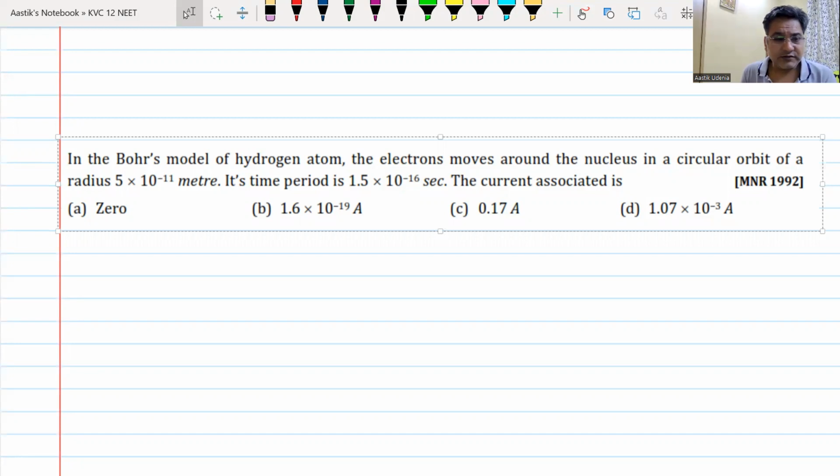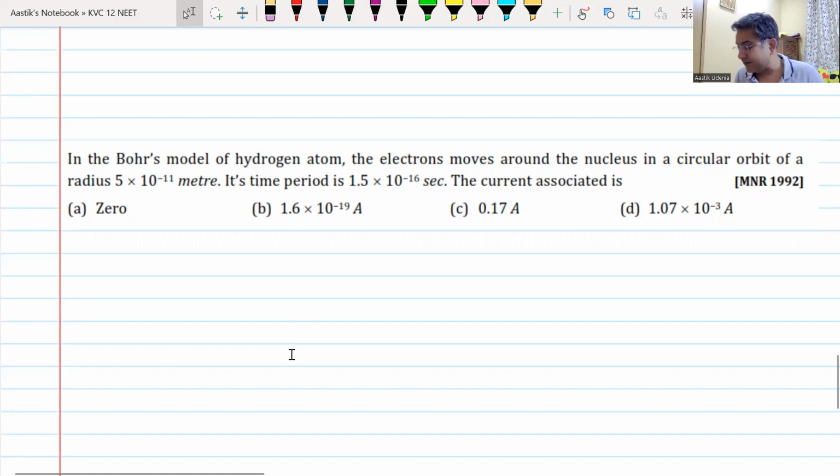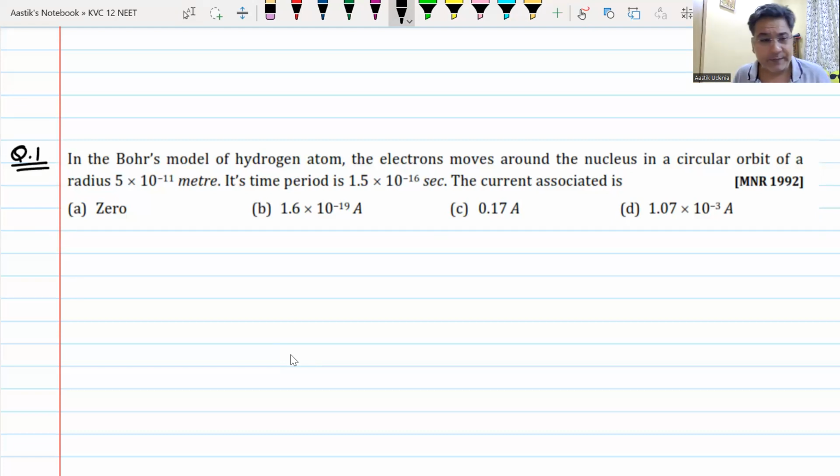In the Bohr's model of hydrogen atom, the electrons move around the nucleus in a circular orbit whose radius is given as 5 into 10 raised to the power minus 11 meters. The time period is 1.5 into 10 raised to the power minus 16 seconds. What is the current associated with this? How much is the current that we can say is flowing?